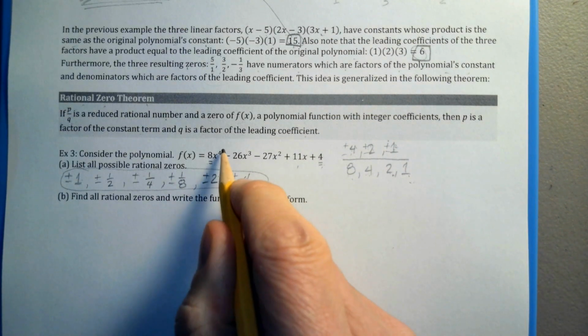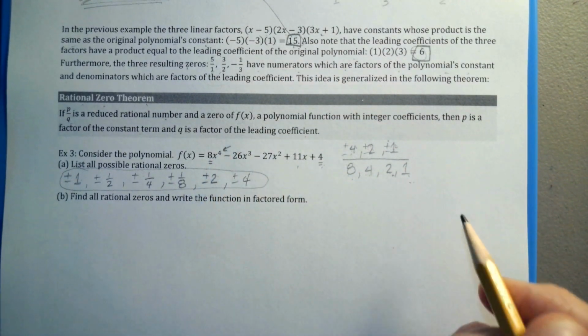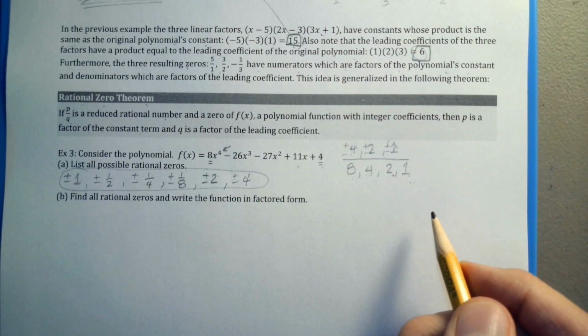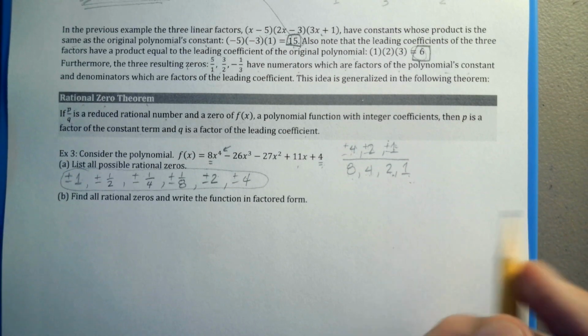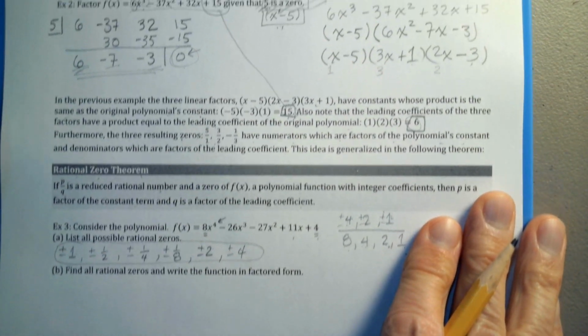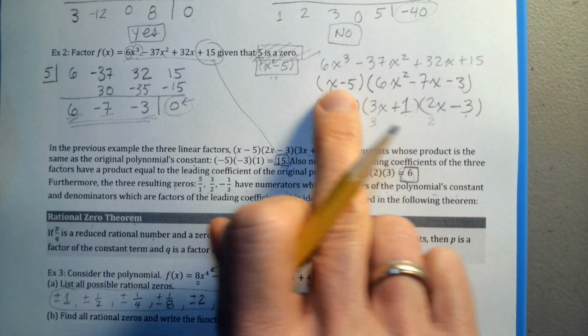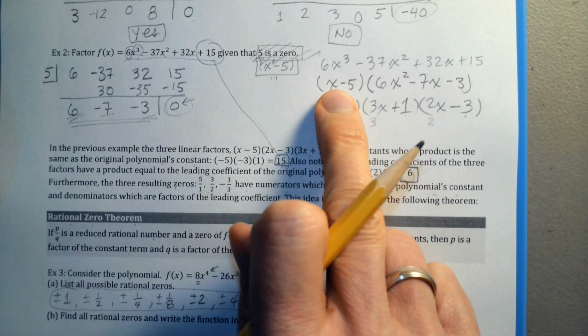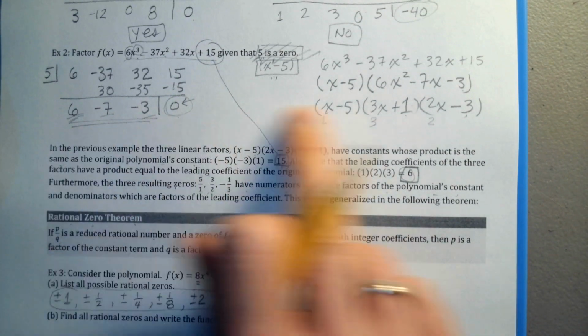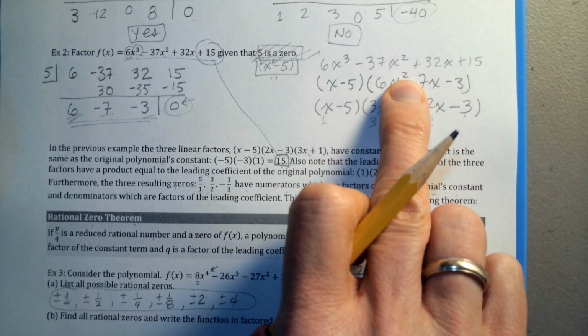All right, so if you look, we have a degree 4. We really only need to find 2 of our zeros. So remember here, we started with a degree 3. We found a zero. Well, they told us one. Once we divided by that, we got a depressed polynomial of degree 2.